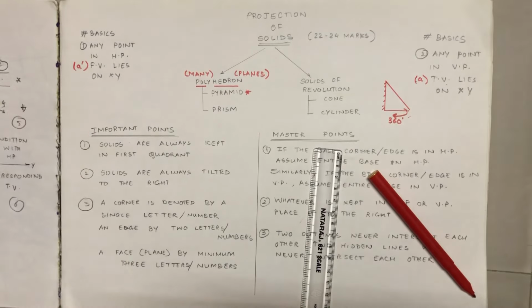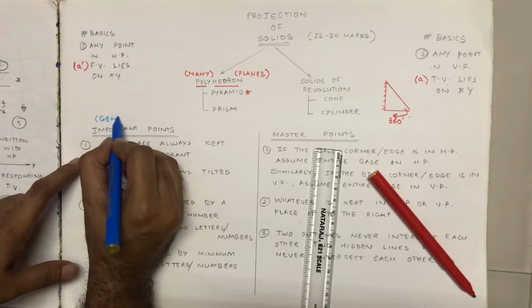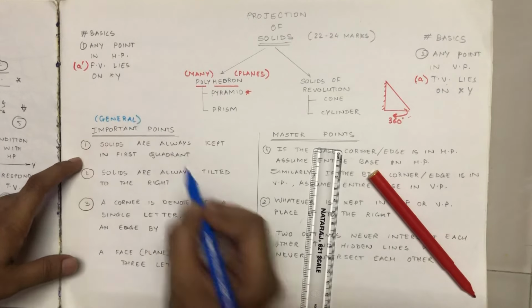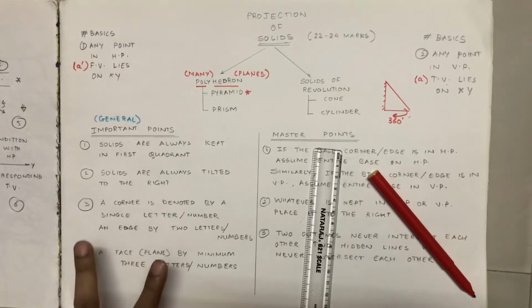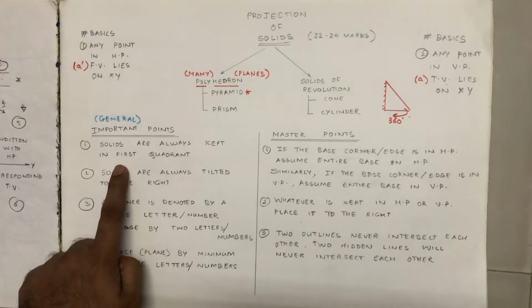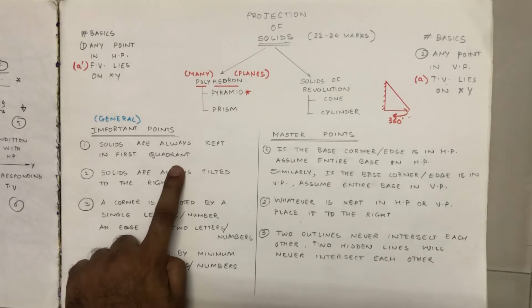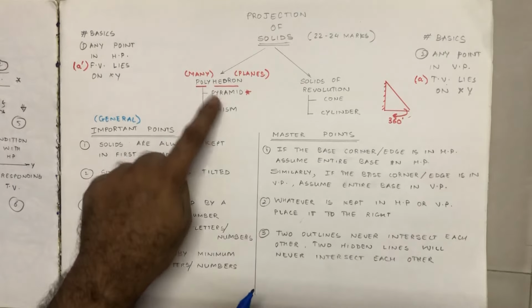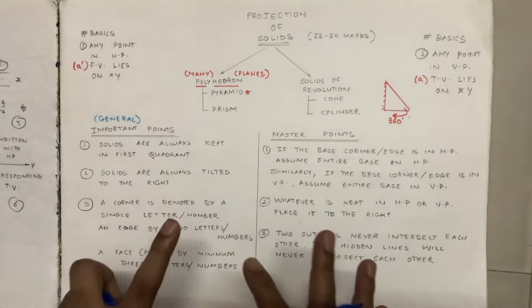These important points are your general points. Any problem will always fit in these points. So let us talk about the first point. The first point is that solids are always kept in the first quadrant. Whichever of these solids we talk about, they will always be kept in the first quadrant.